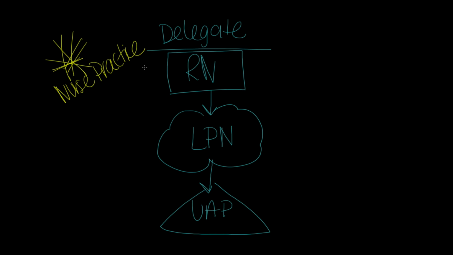So make sure that you know your own state's Nurse Practice Act and what an RN can do, and an LPN can do, and a UAP can do, and be clear about what's within the scope of practice for each one of those professionals. That's going to be very, very important. So again, with the management of care questions, the big thing is knowing the scope for everybody. The second big thing is using that strategy to help guide you when you have those questions about who to give away to the LPN. Think about acuity, age, and time.